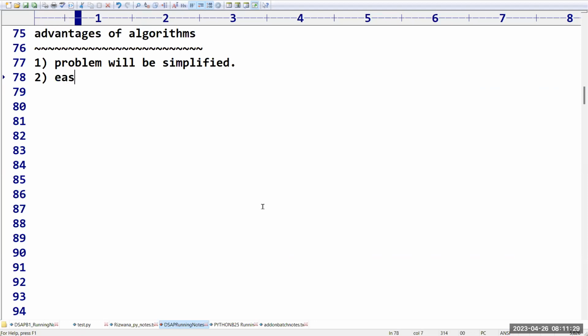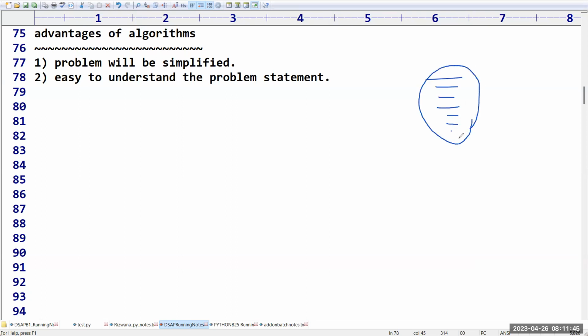Next, it is easy to understand the problem statement once you devise an algorithm for it. Because if the problem is very big, then dividing it into individual steps and analyzing step by step helps. For example, consider matrix multiplication. We know n number of steps will be there in this.